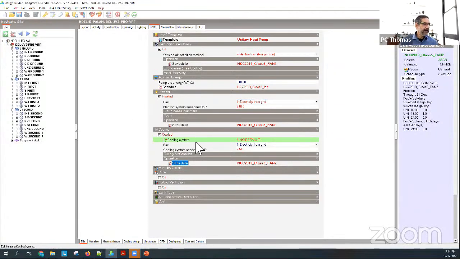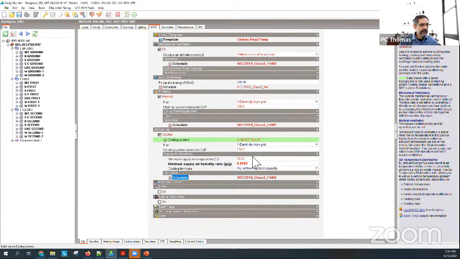Okay, and then the other thing you will have to be aware of is what is this supply air condition, because that determines how much air you need. Now if you're using a VRF, DX, split system, unitary system, all of those systems, you really can't change the supply air very much.